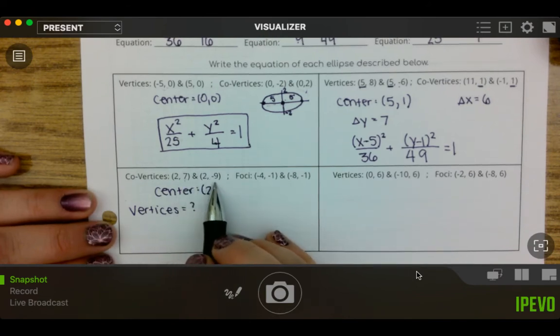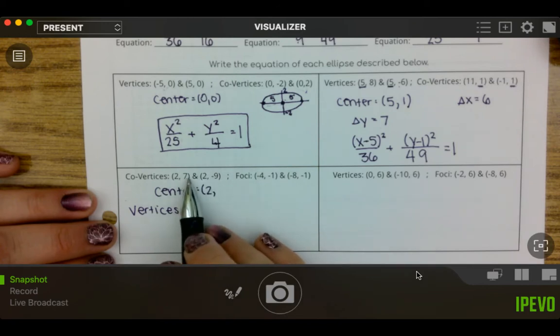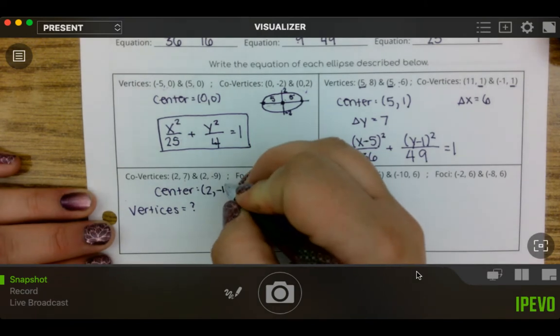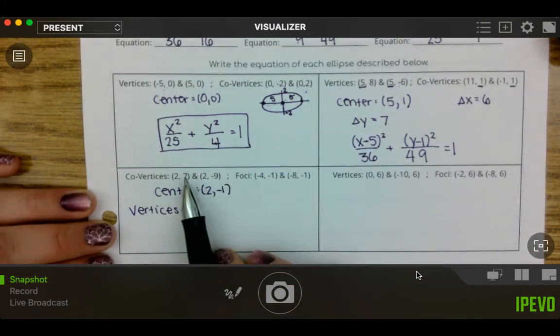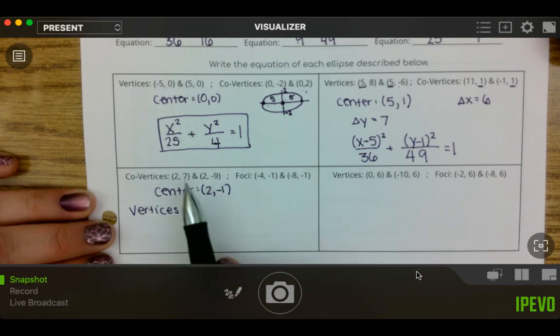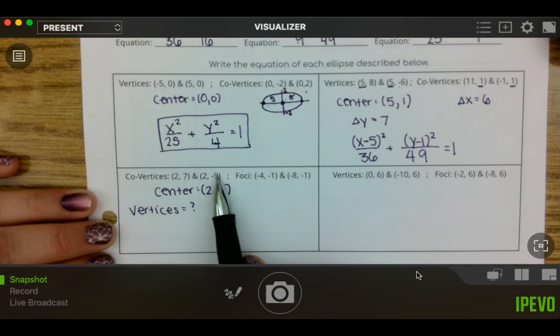Well, let's see, that's a distance of 16. So the middle would be subtracting 8 or adding 8, and that would give me -1. Or 7 plus -9 is -2, divided by 2 is -1. If you want to find the middle, just add them together and divide by 2.